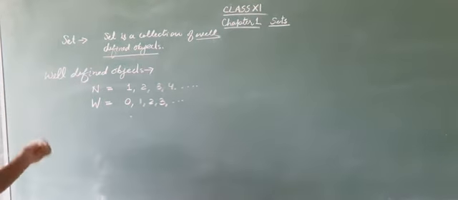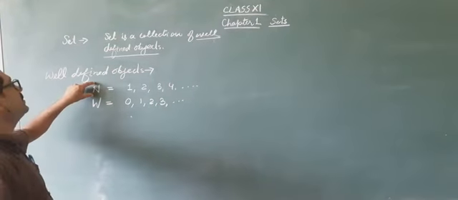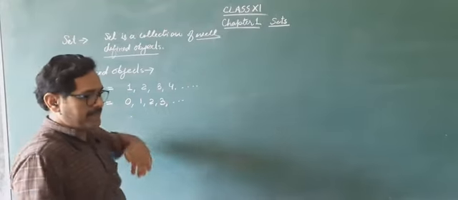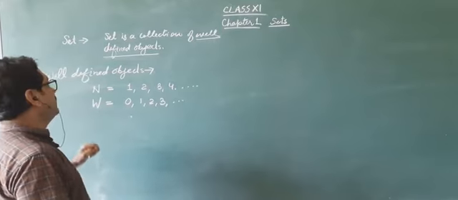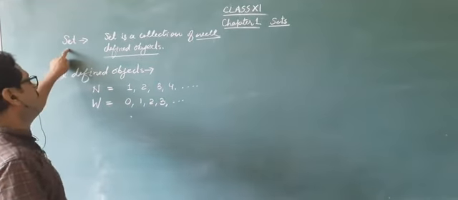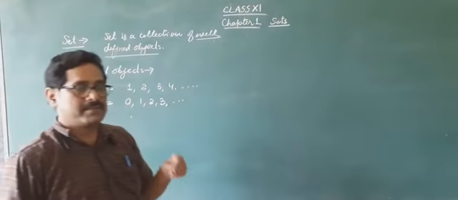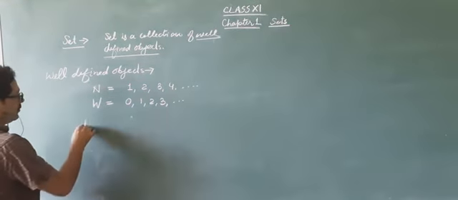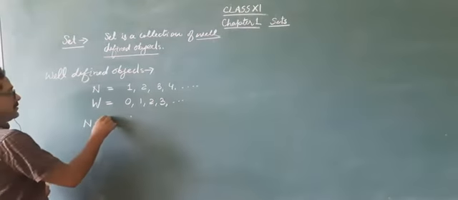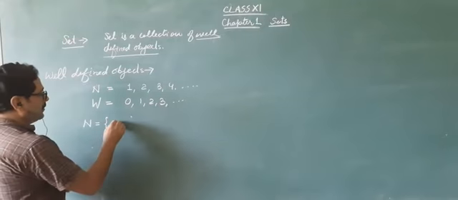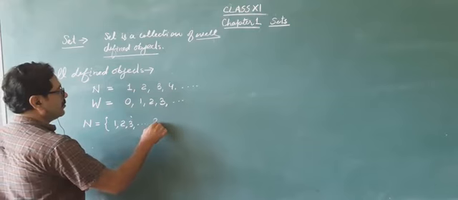In previous classes we have studied that N is represented as natural numbers, but when we define it as a set, N, the natural numbers, is represented in curly brackets: 1, 2, 3 and so on.